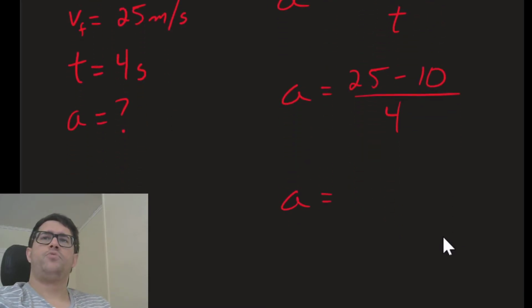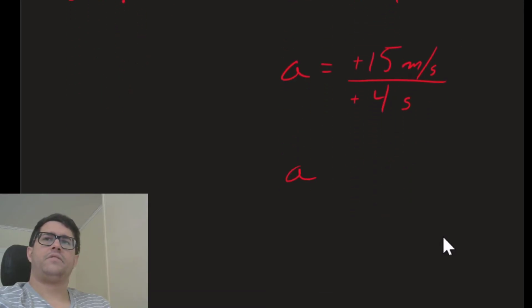Okay, so we end up with 25 minus 10, so an increase of 15. I'm going to put the units just to review our units. And it took them a positive 4 seconds to do so. So the acceleration, as you can see, plus divided by plus remains plus, so it's a positive acceleration. 15 divided by 4 is 3.75.